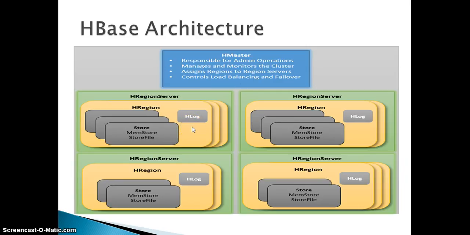Of course, we're going to discuss the HLog in detail now. The HLog can also be called write ahead logging. So what is write ahead logging? Before storing anything into the data node, what the HRegion server or HRegion does is store the modifications into this HLog before performing the modifications.